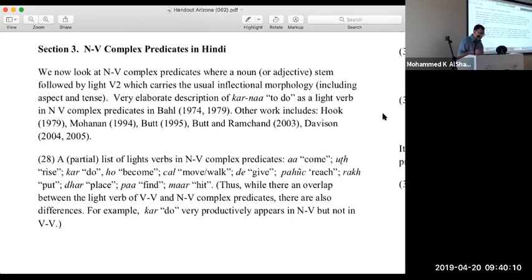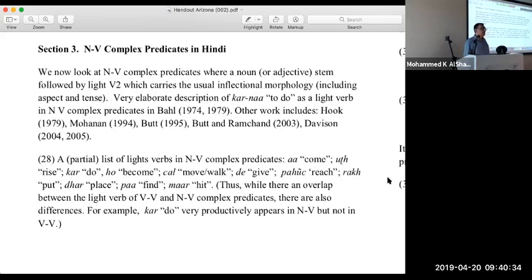have already discovered. The list of light verbs that participate in NV complex predicates is probably the same size as the list for VV complex predicates, but it's not identical. So it would have been nice if it was exactly the same list, but it's not.